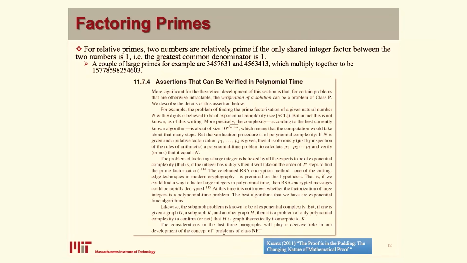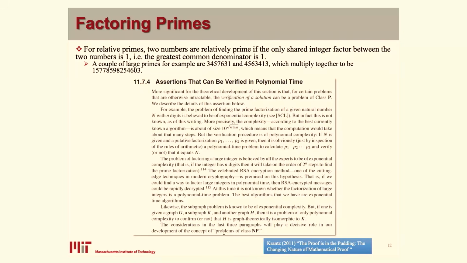Finding a prime factorization of a given number with n digits is believed to be of exponential complexity, although that's not known for sure. The latest known algorithm is 10 to the power square root of n log n, essentially exponential.